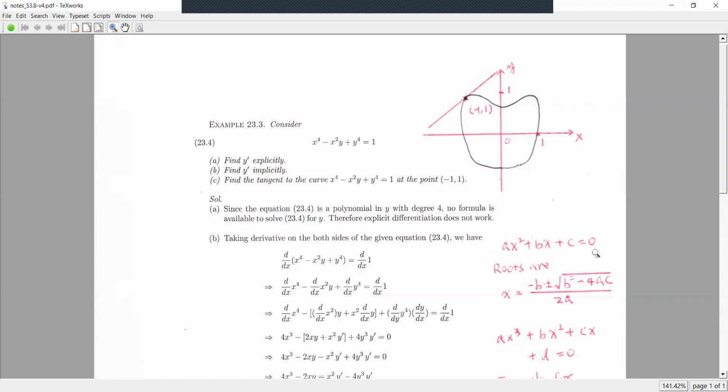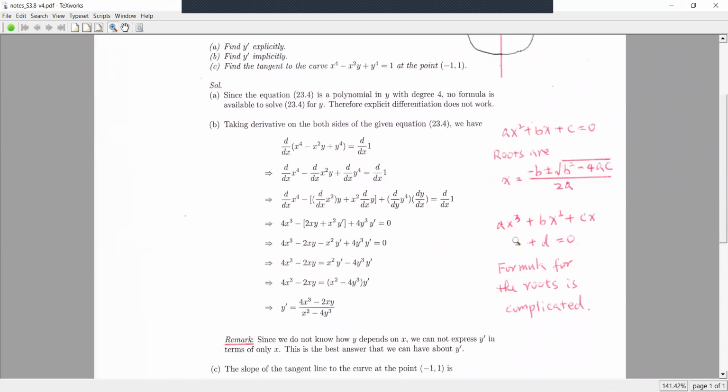If the polynomial is degree 2, we have a quadratic formula to find the root of this equation. If the degree is 3, we also have a formula to find the root. The formula is very complicated, but when the degree is 4 or higher, no formula is available for the root.